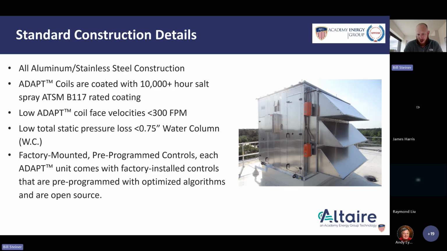One of the other ways we help that effort is we keep the face velocity low. There's several reasons for this. One, because we're only doing outside air, we can have a lower face velocity in the same footprint. If you think about the mixed air unit that I showed you a couple slides ago, our filters and coils are going to set the size of that unit at 500 feet per minute, 450 feet per minute, whatever we're designing to.